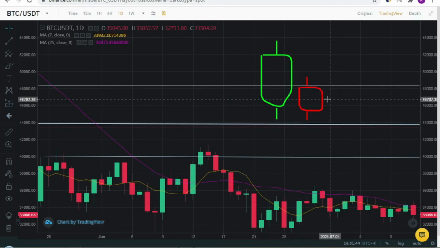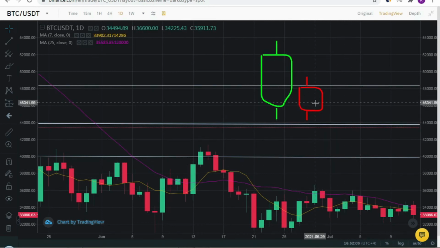If you have a full green candle and a red spinning top like this, and the green candle comes before the red spinning top, this will be a bearish engulfing pattern. Bearish means price will drop from here.